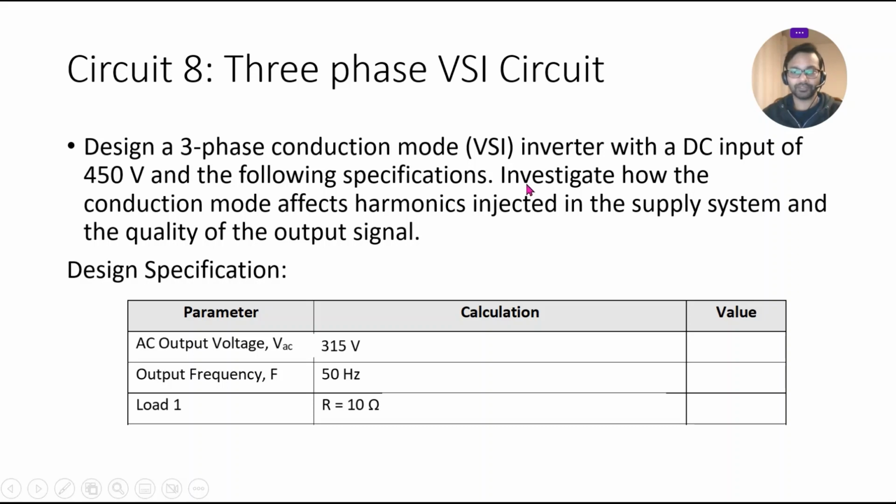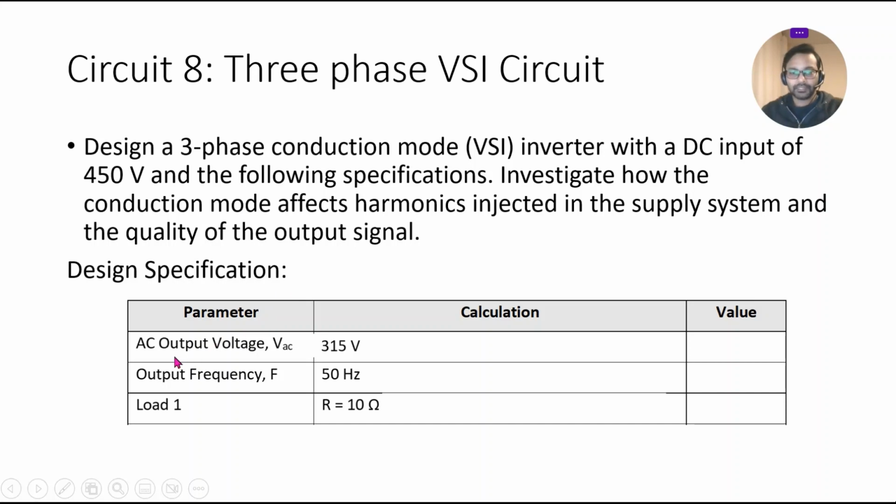And we also have to investigate how the conduction mode affects harmonics injected in the supply system and the quality of the output signal. Okay, so we have to basically analyze how the quality of output signal is affected by the conduction mode.